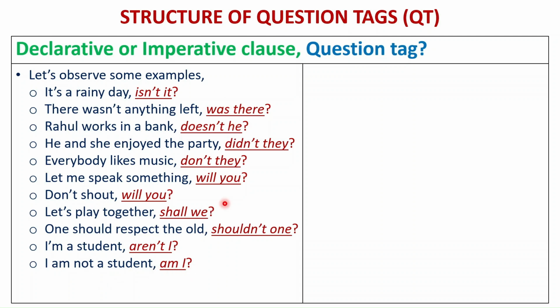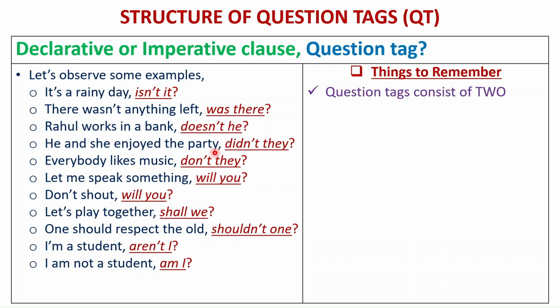After observing these question tags, we come to conclude that there are certain points that should be remembered while forming any question tags. First of all, we should not forget that question tags consist of two words only. The first word is the auxiliary verb and the second word is the pronoun of the subject.